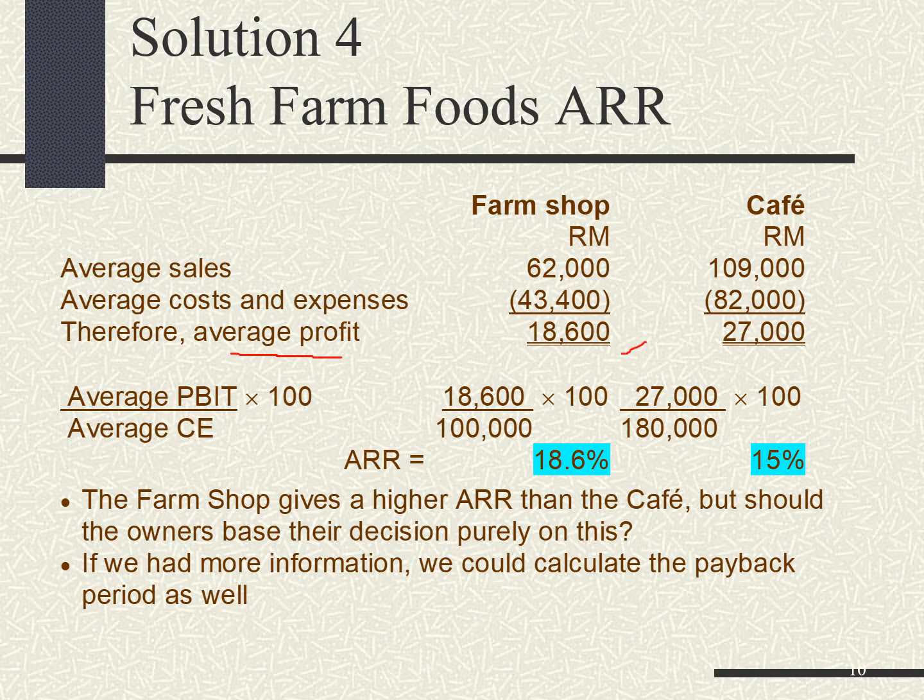This one is 18,600 and this one is 27,000. And kalau kita masukkan average, you get the farm shop is 18.6% and the cafe is 15%. So the farm shop gives a higher ARR than the cafe, but should the owner base their decision purely on this? If we had more information, we could calculate the payback period as well.